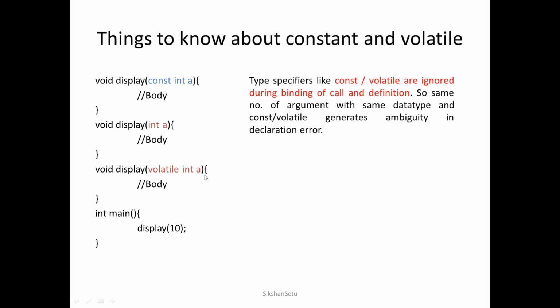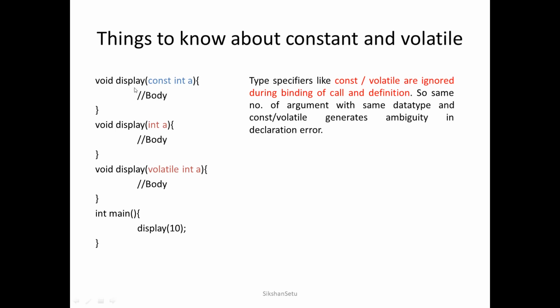Now here type specifiers like constant and volatile are ignored during binding of call and definition, because it only means that this particular argument cannot be changed. In this case the argument is only one, which is integer type. The constant means the integer argument cannot be changed, but the argument is only one.